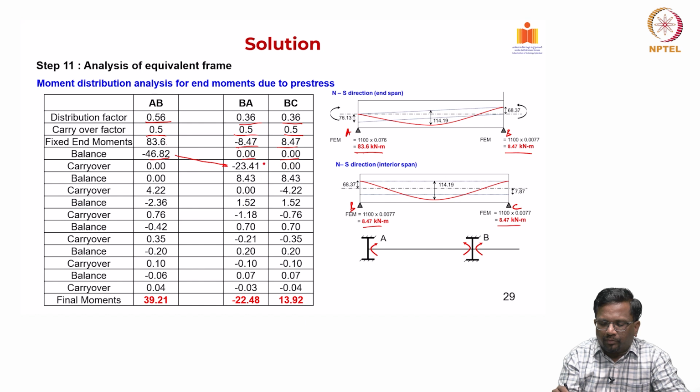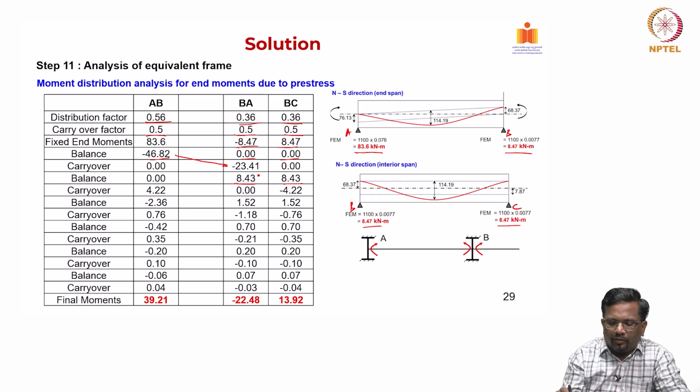So, this joint becomes unbalanced, then this has to be applied moment in the opposite direction. So, in proportion to the distribution factor, so 0.36 multiplied by plus 23.41 will work out to be 8.43 in each side. Now, this is okay.